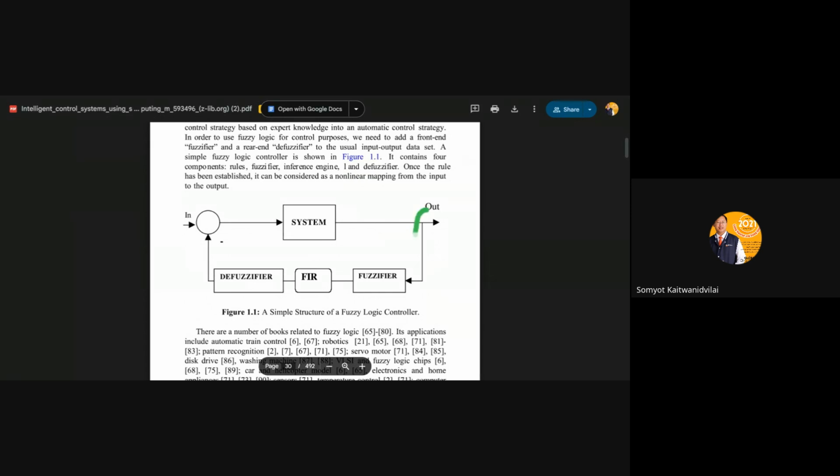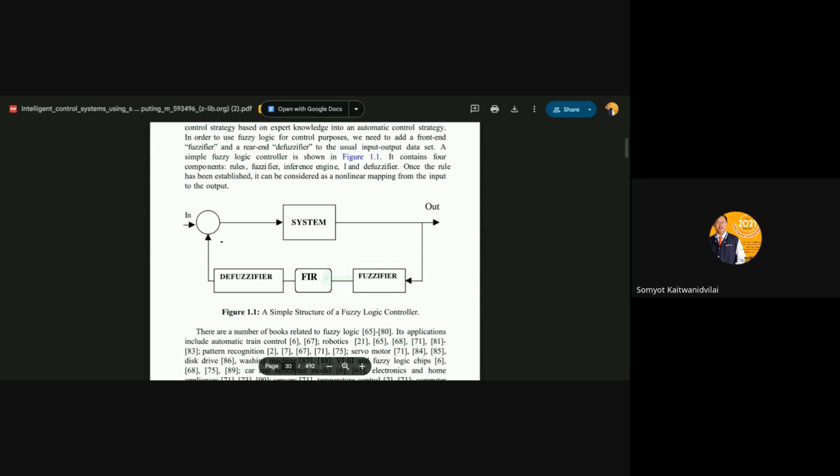When you have a system with an input or command and an output, you convert the value of the sensor to something fuzzy, like a fuzzifier. Fuzzy means uncertain, like another language, and then it goes to the fuzzy inference rules.